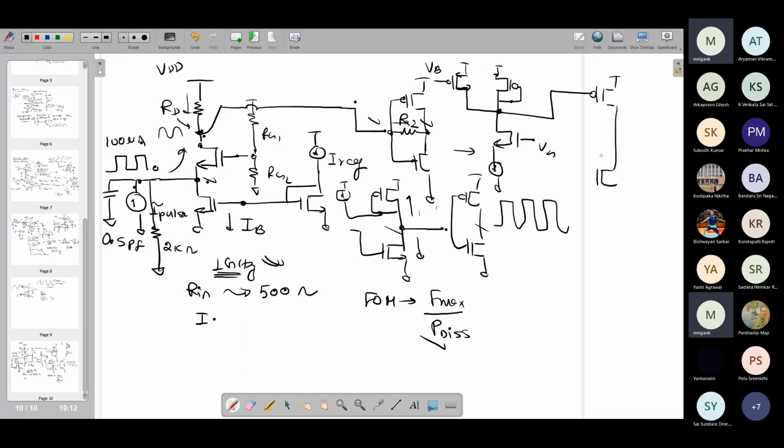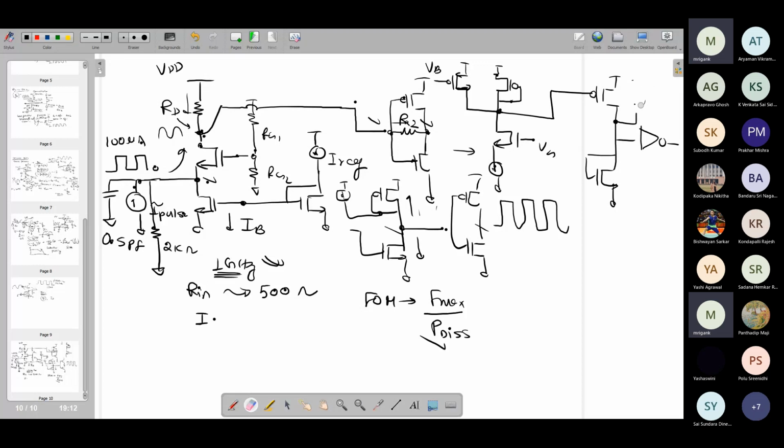That is also possible, and after that you can put an inverter. You can try to enhance this stage gain also.